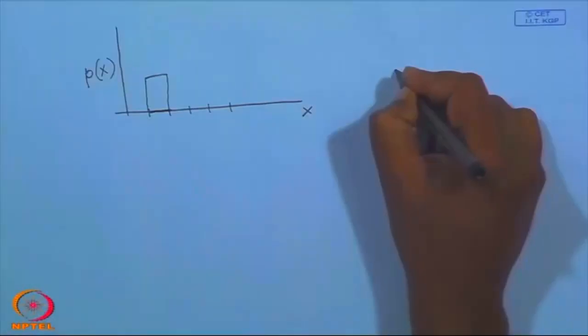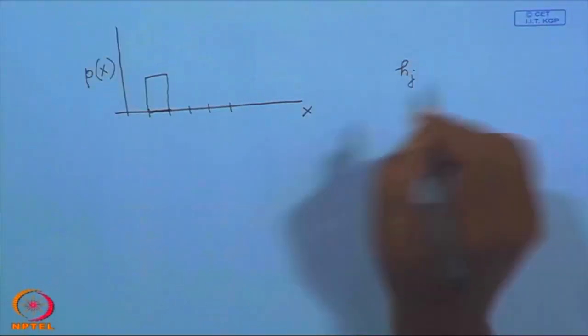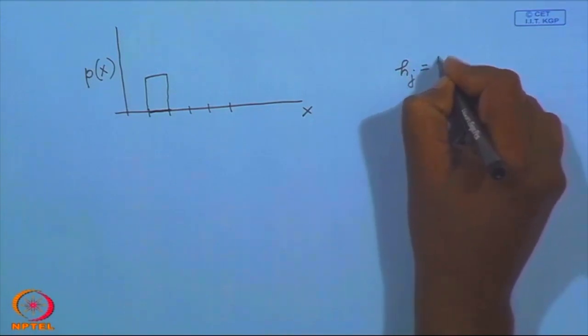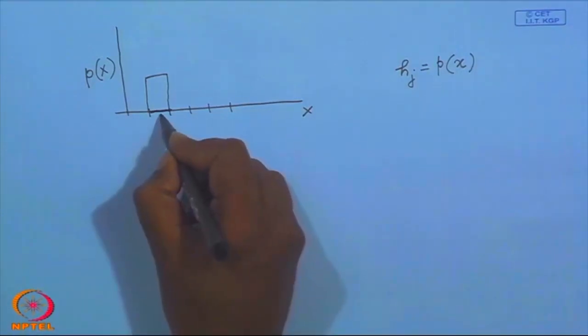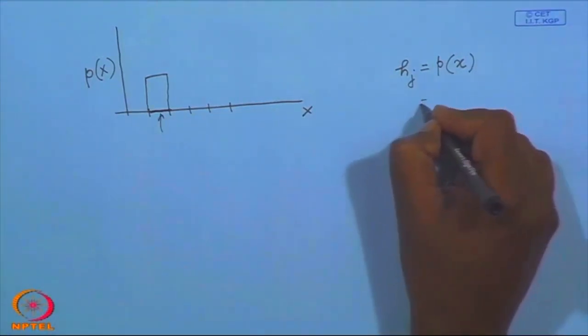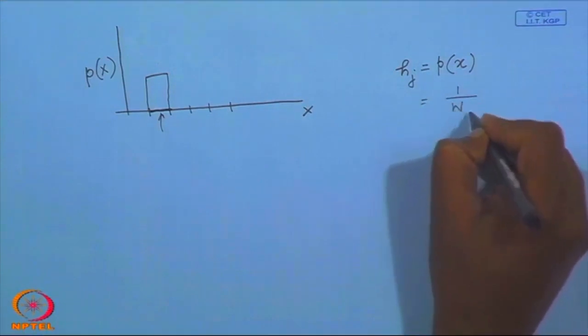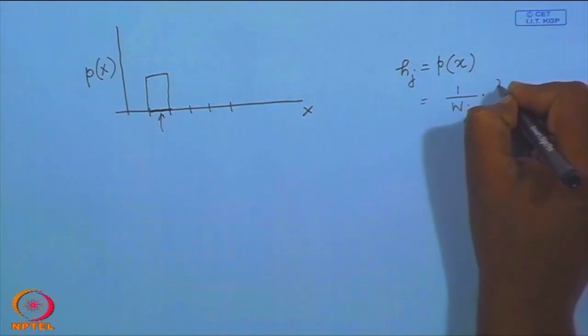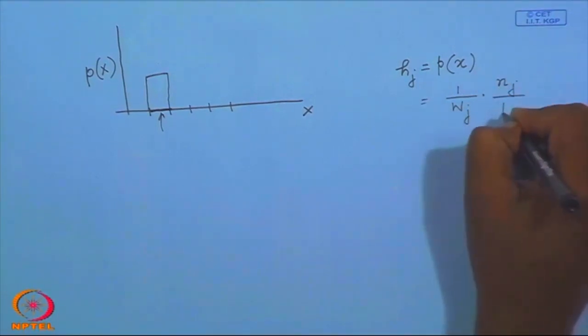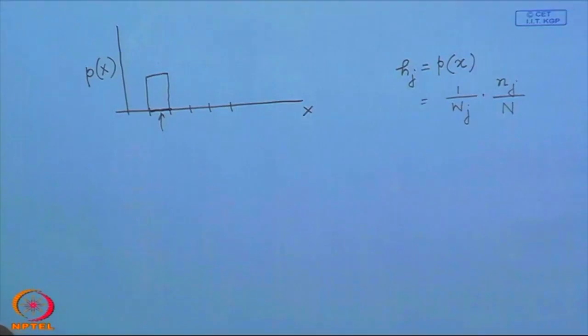So, this h j for the jth bin, which is p of x where x lies within this jth bin, is given by 1 upon w j, where w j is the width of the jth bin, times n j by capital N, where n j is the number of training samples which fall under the jth bin, and capital N is the total number of training samples.